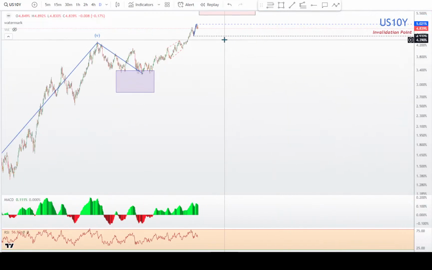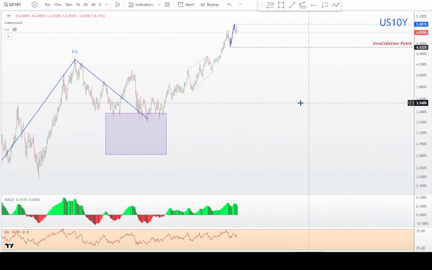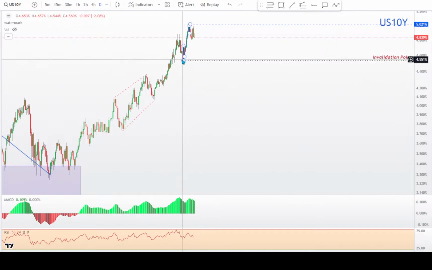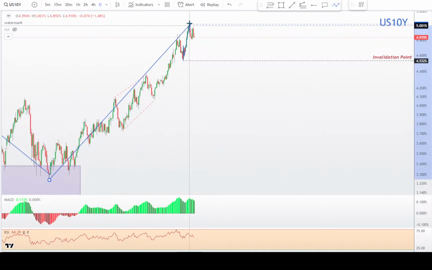Now I'll know if this is done if they break below 4532 on the 10-year, because then that's 1, 2, 3, 4, 5, and then they break that. Now I guess actually maybe this is all just the first wave of the 5th wave.